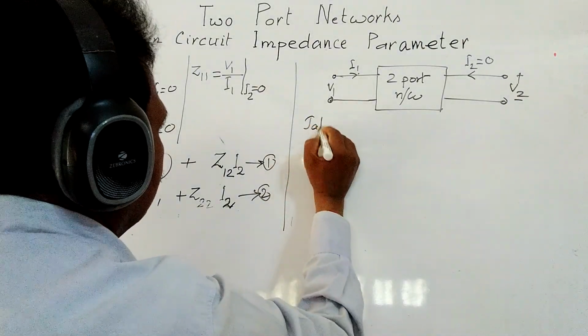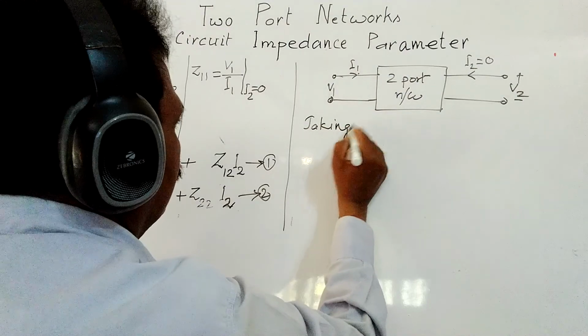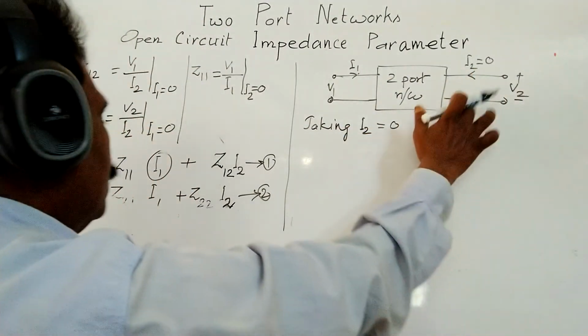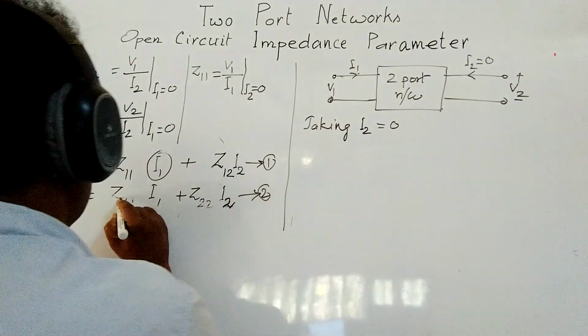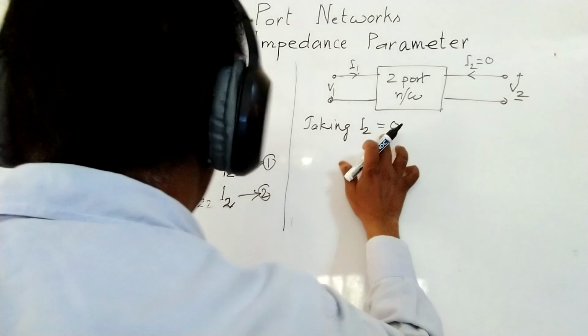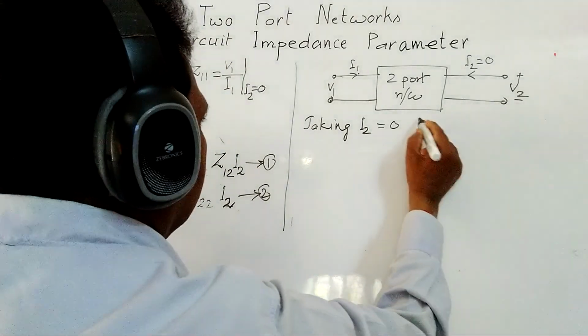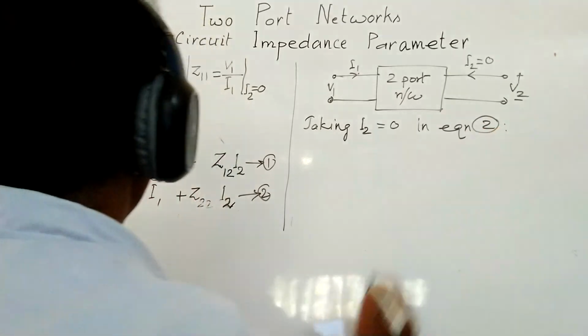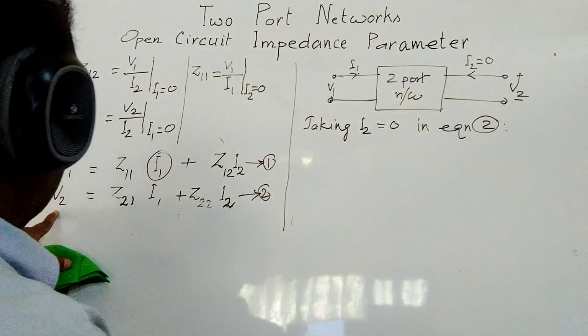Taking I2 equal to 0 means open circuiting the output port, so we keep taking I2 equal to 0 in equation 2. Then what do we get here?